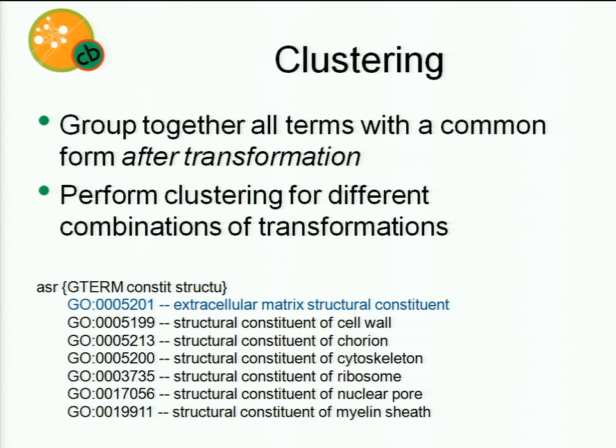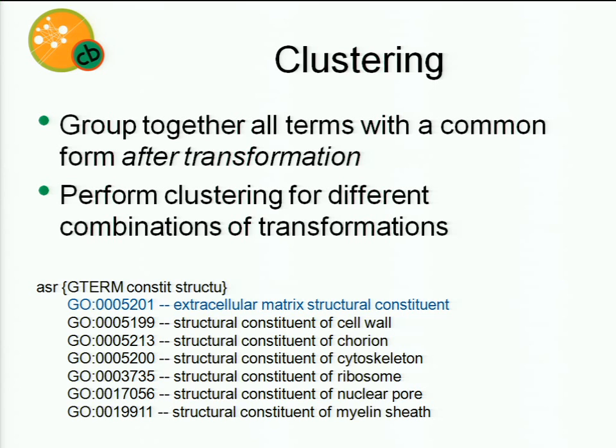So what we've done here is also a bit of stemming, so we've got rid of the endings of words, and that's why this doesn't look like actual words. But this also helps us deal with a bit of the variation in morphology or inflection that you see in the words. So all of these forms, structural constituent of cell wall, structural constituent of chorion, and so forth, collapse to this basic structure, G term constituent structure.